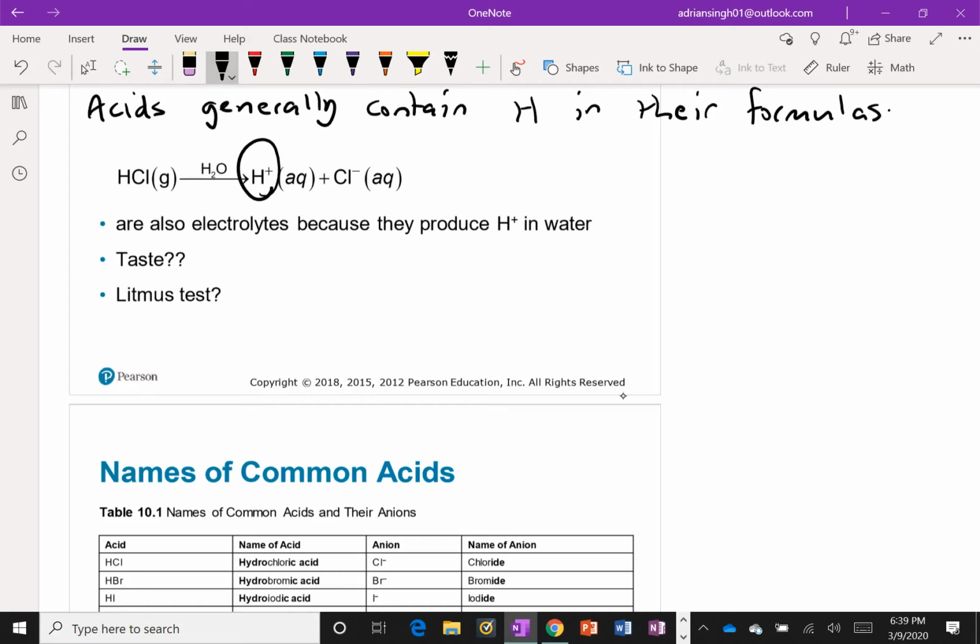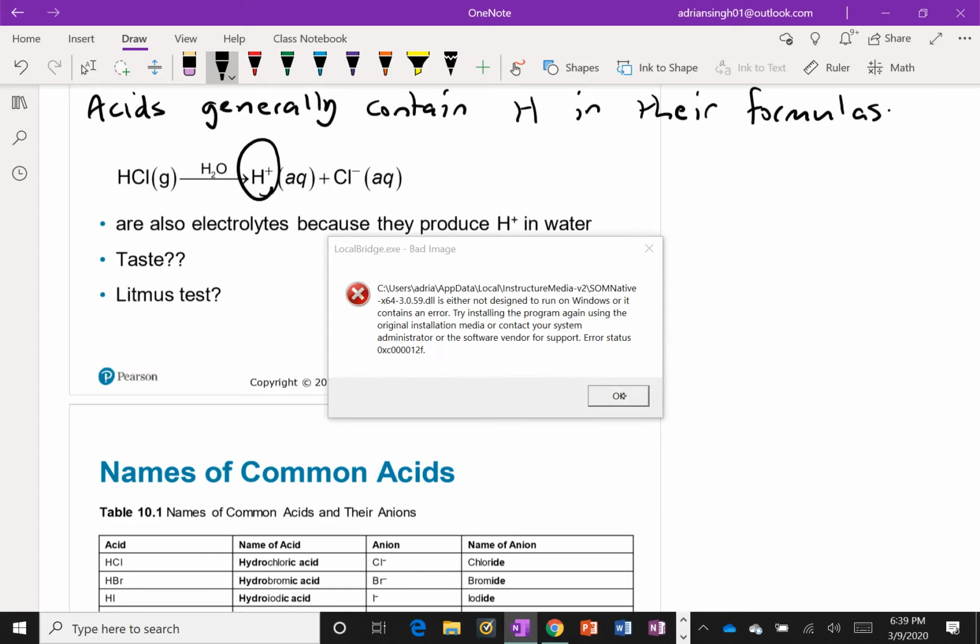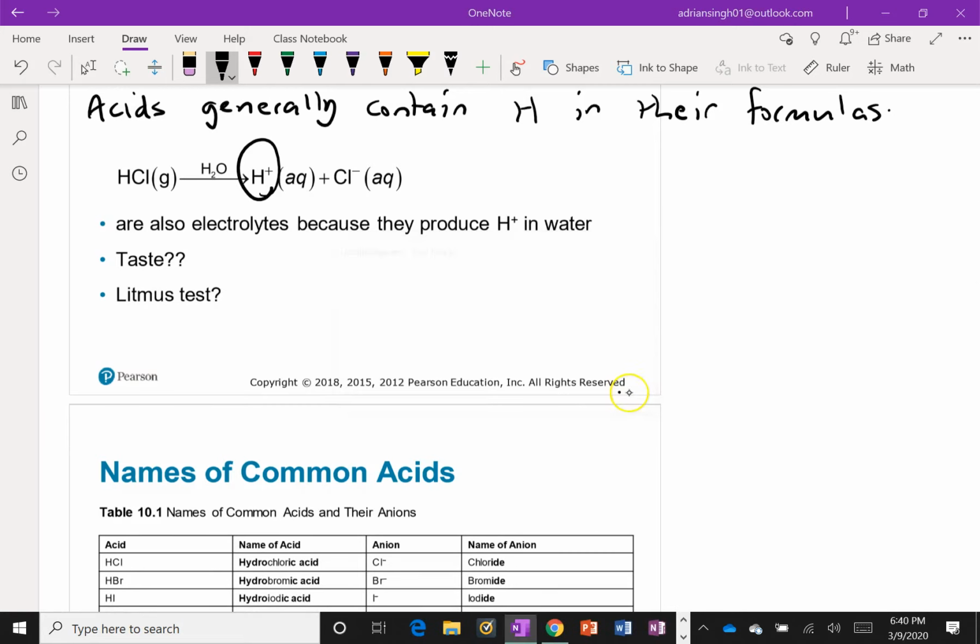We're going to see this throughout the entire chapter. Acids are things that are going to give or produce those H+ in water. Just like when we saw in the solutions chapter, when ions are produced, that makes those things electrolytes, right?